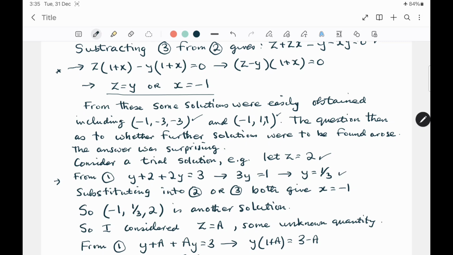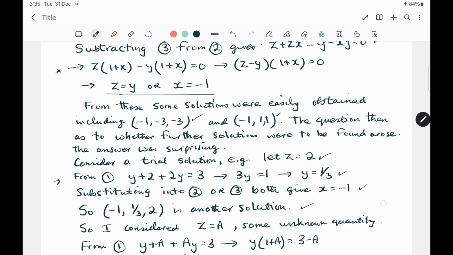Now I substituted these two values, the z into equation 2 and the y into equation 3, and in both instances we got the answer x equals minus 1. So we've got another solution here: minus 1, 1/3, and 2.